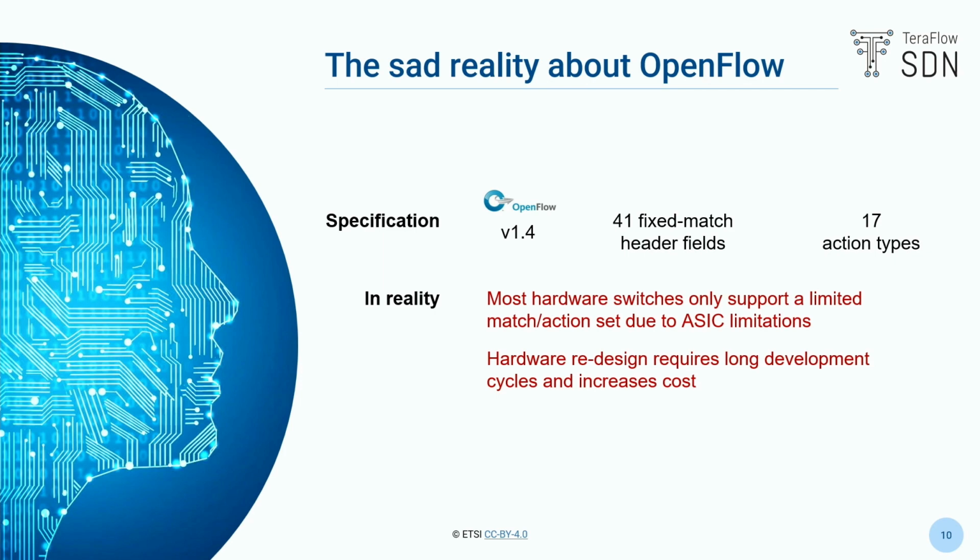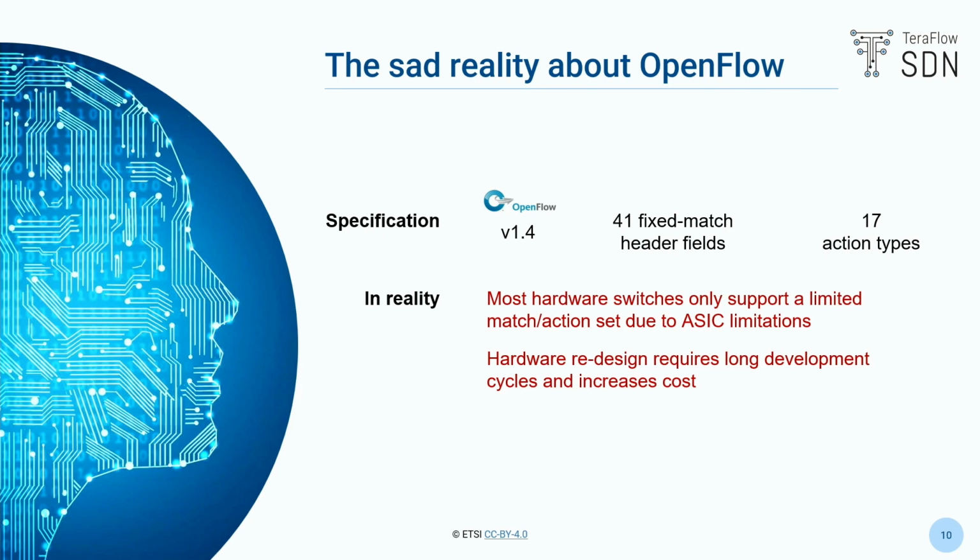When we release a hardware, let's say, to support OpenFlow, it can support certain types of match action operations. In some cases, we had switches which were not able to actually support all those 41 header fields that we find in version 1.4, for example. This was because of hardware limitations. So there was a disconnection between hardware and software, essentially.